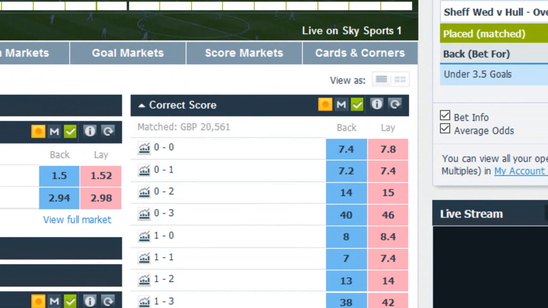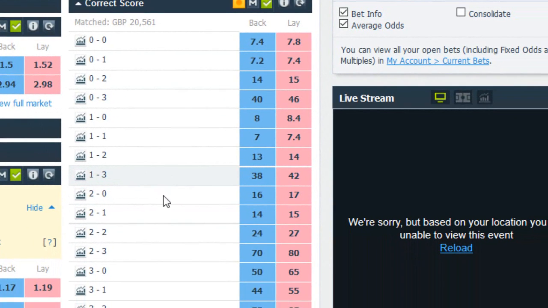Unfortunately, we didn't take note of what the odds were for 2-2, 1-3, 3-1 before the match kicked off, but that should be shown in an earlier part of this video, so you can go back and check. But you should see that 1-3 has drifted out, 2-2 has drifted out, and 3-1 has drifted out.